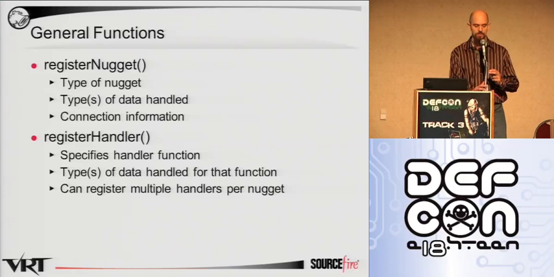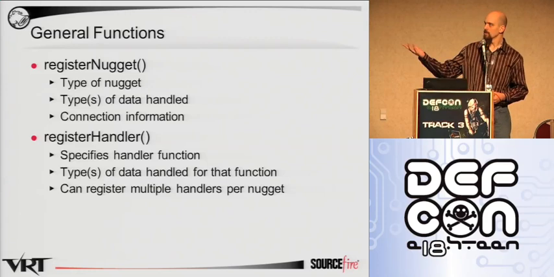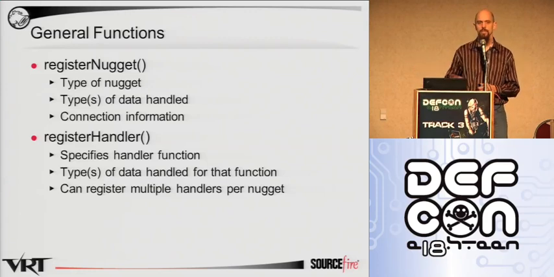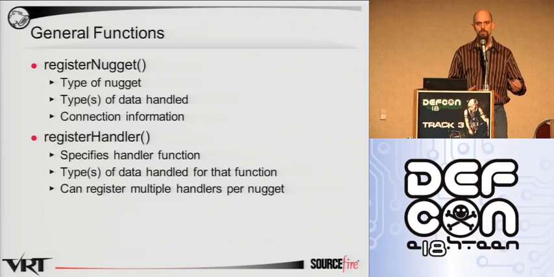So again, since nuggets are building blocks, and the whole system is designed around the idea of building blocks, where you take individual pieces that are specialized and have them work together as a whole, we have some general functions. Register nugget tells the database, hey, I'm here, and this is my name, this is my UUID, and this is the kind of data that I'm either taking in or putting out.